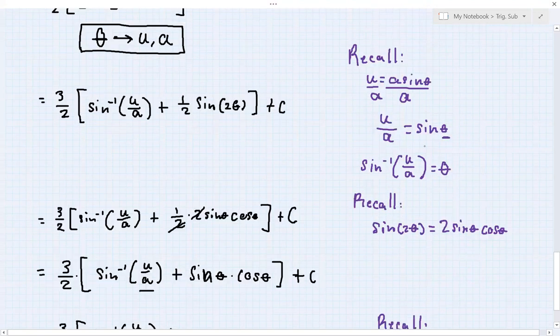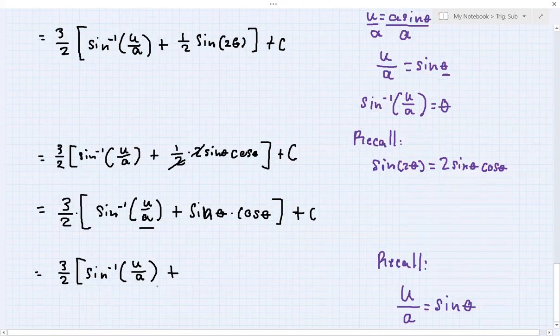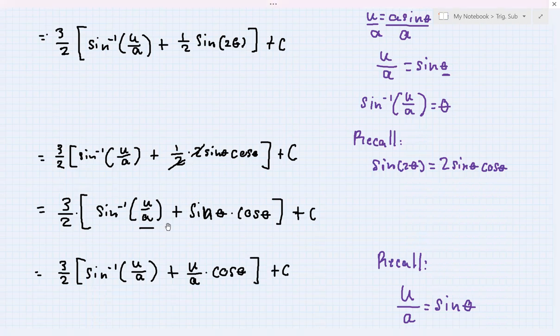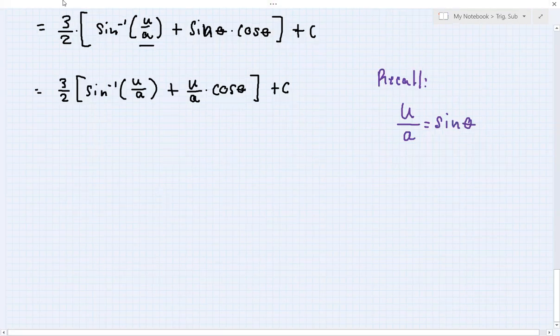So that means, pwede kong i-substitute sine as u over a. Ayan, so magiging u over a times cosine theta. Ayan na. So, ito na yung tanong natin. Paano naman si cosine theta?